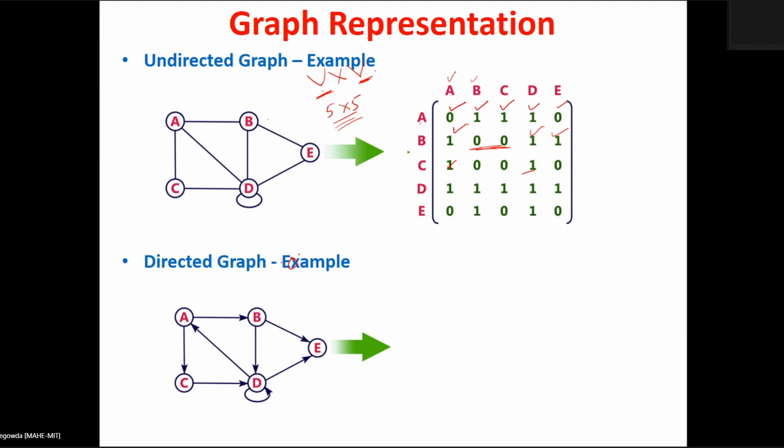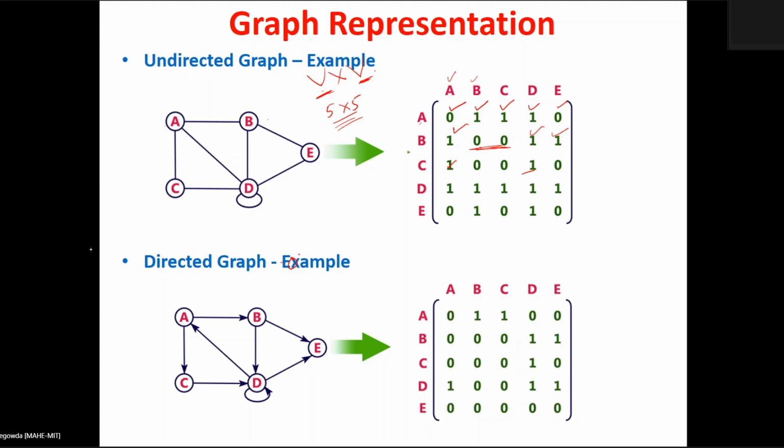You need to represent only the directed edge from a given source vertex to the destination vertex. If you look at A, which are the neighboring nodes of A?